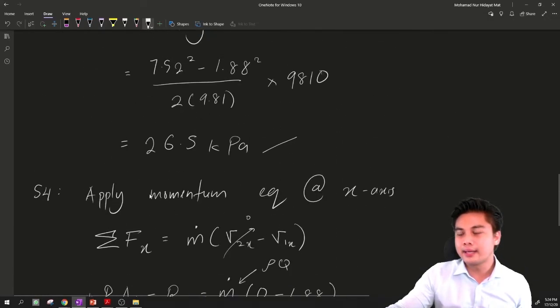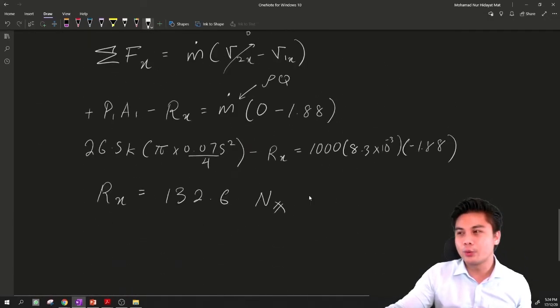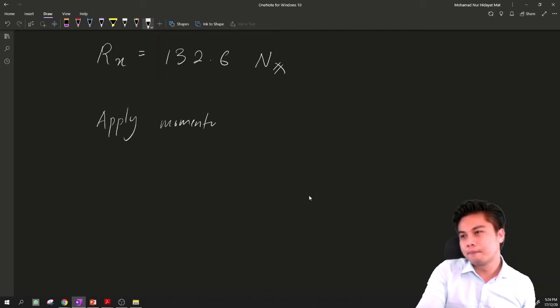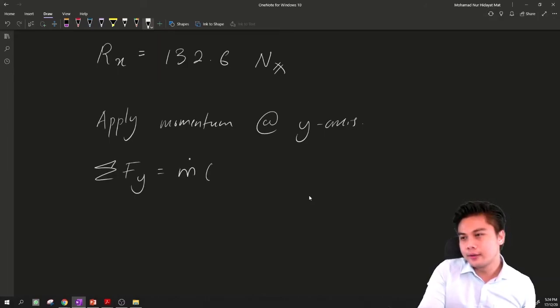So apply again the momentum equation at the y-axis, which is the summation of force in y component equal to mass flow rate times V2 minus V1, all in y.